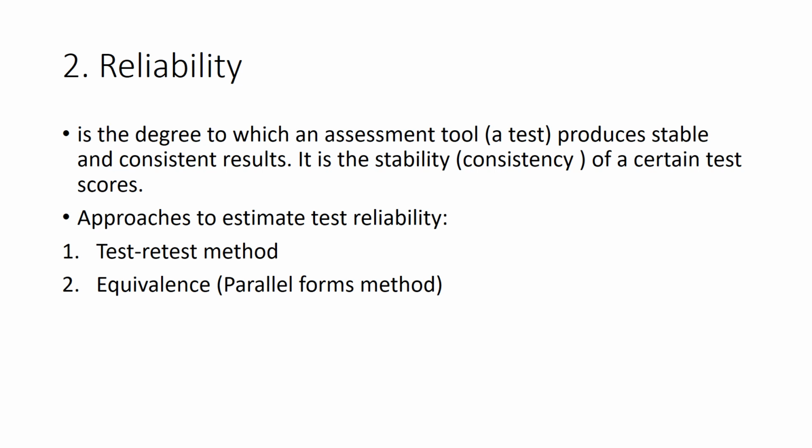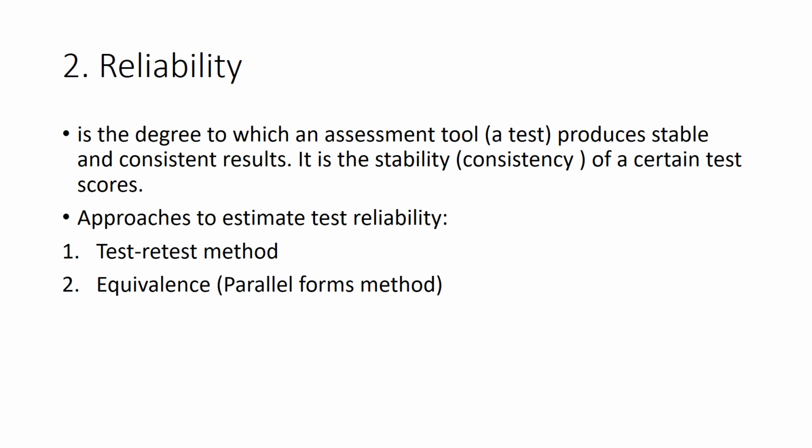So how many sets of scores are you going to have for the same students by doing the same test? 2 sets. You are going to calculate the correlation between these two sets of scores. If you find that they are comparable, close to each other, this means that your test is reliable.